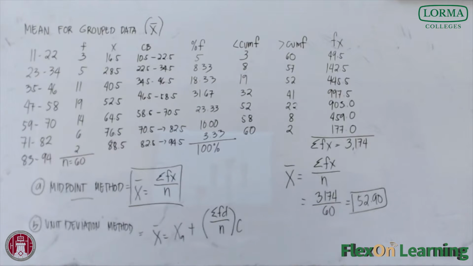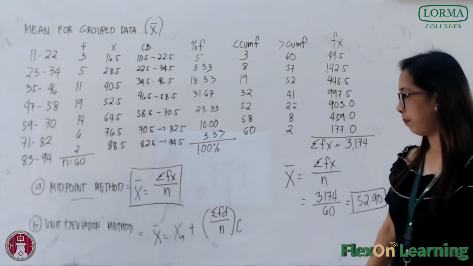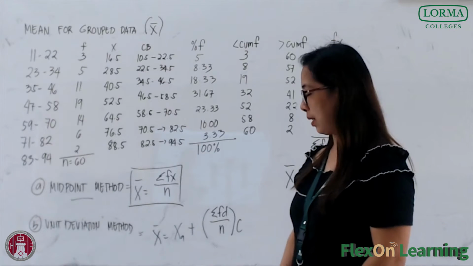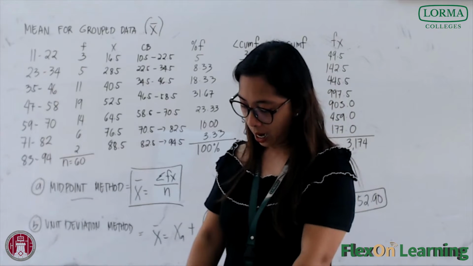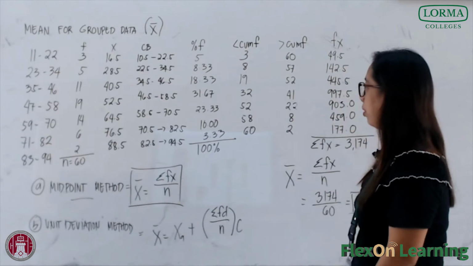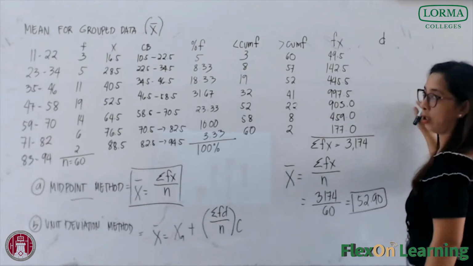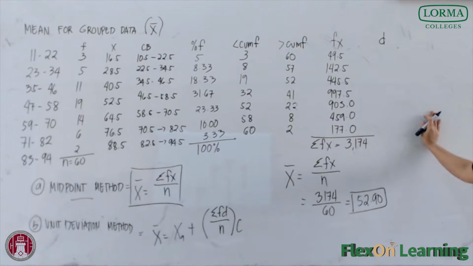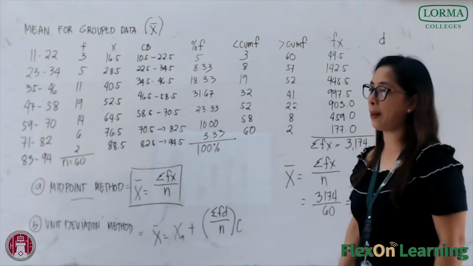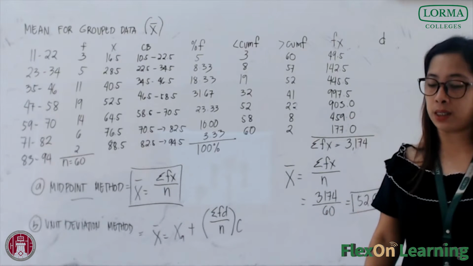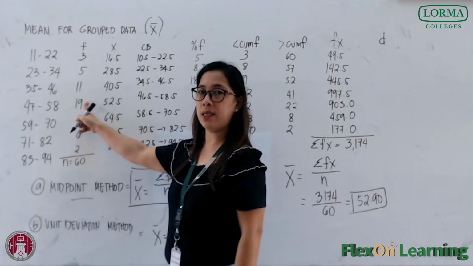Next, we have the unit deviation method. In order for us to get the unit deviation method, there are some rules in getting our unit deviation. First, we have to get the unit deviation. In getting your unit deviation, you have to identify the highest frequency in our distribution. The highest frequency would be 19.